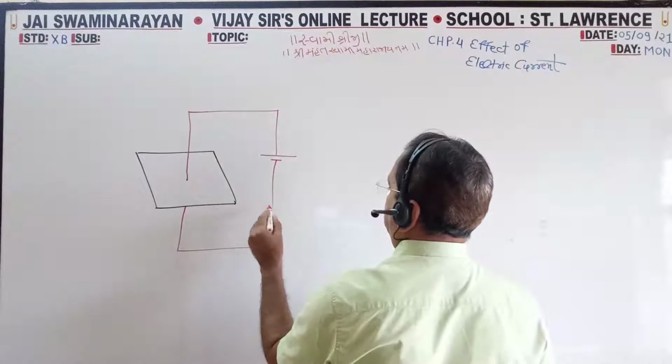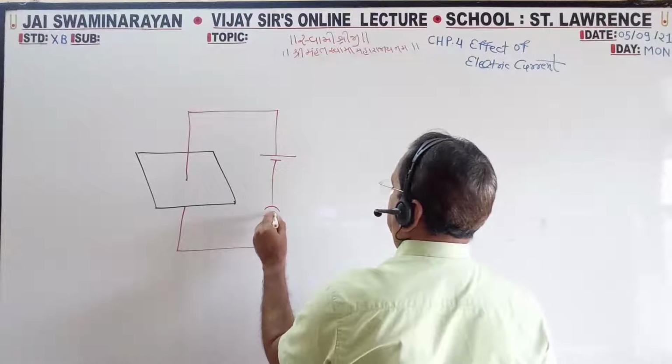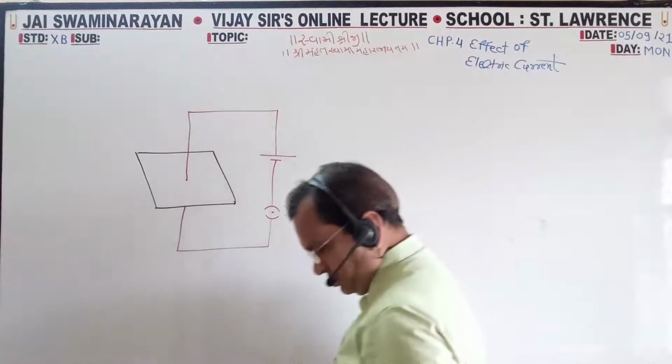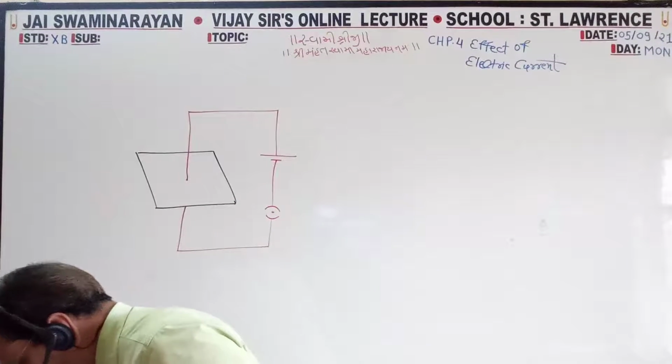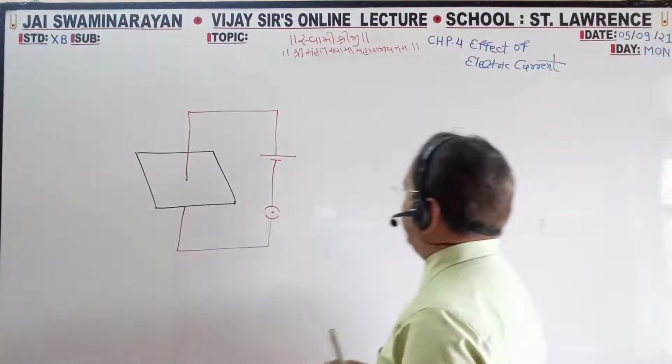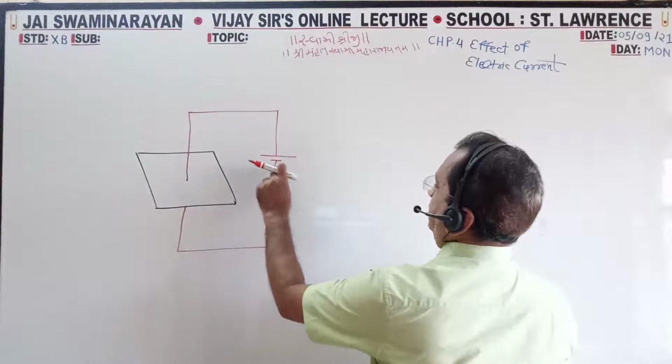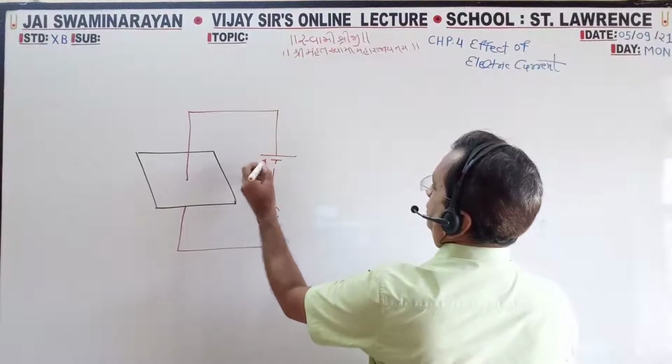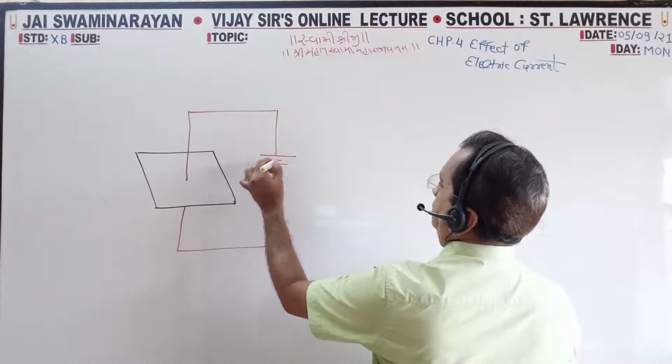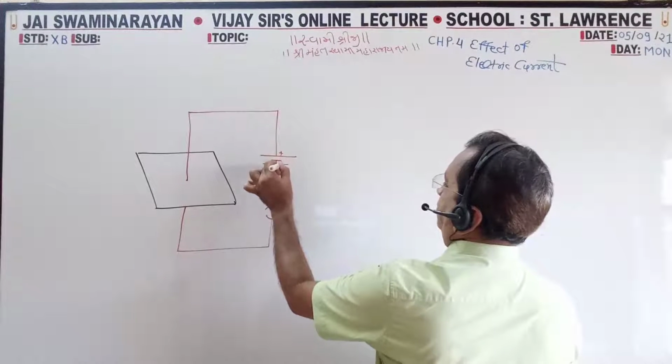Switch. When the dot mark is there, it is on. When it is not there, it is off. Positive, negative, positive, negative.